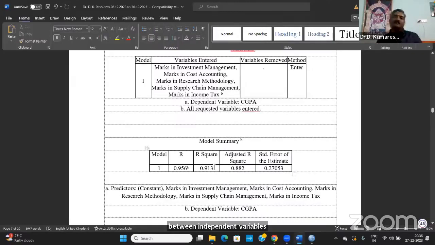R square is the coefficient of determination.